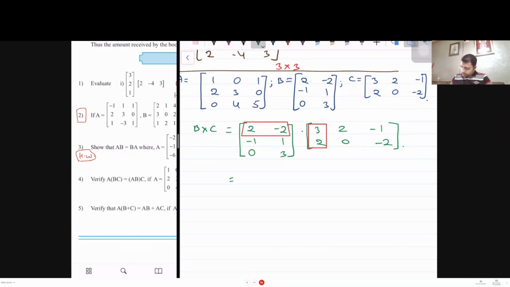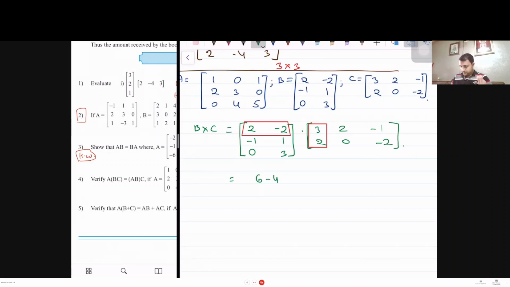2 into 3 is 6, minus 2 into 2, that is 4. So I can write over here 6 minus 4, or if you want you can directly write it as 2. That is also okay. If you are comfortable with directly writing the answer, nobody is going to cut our marks. But if you have any doubt, don't do oral calculation, write it as 6 minus 4.